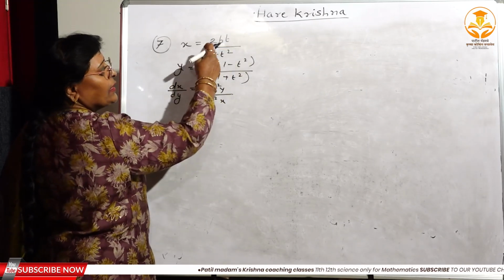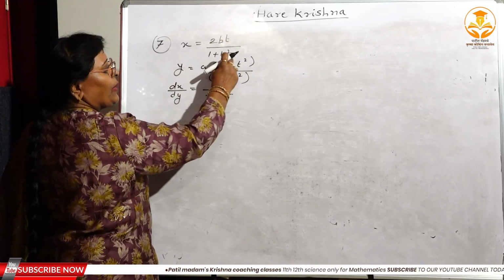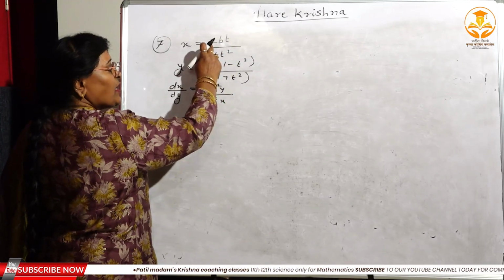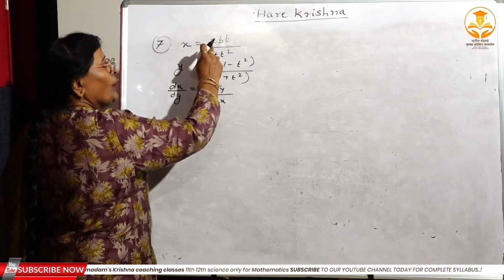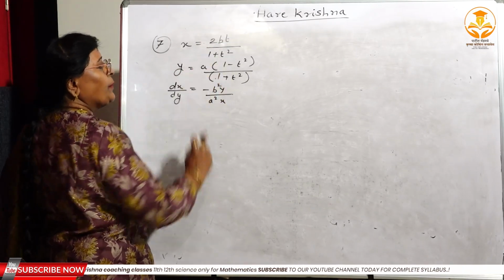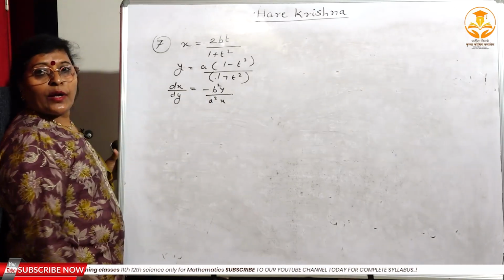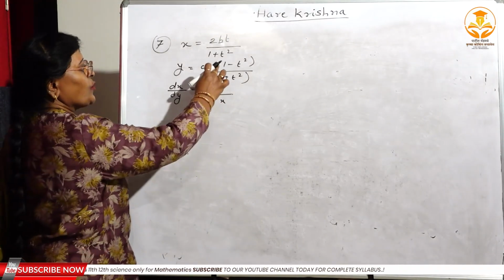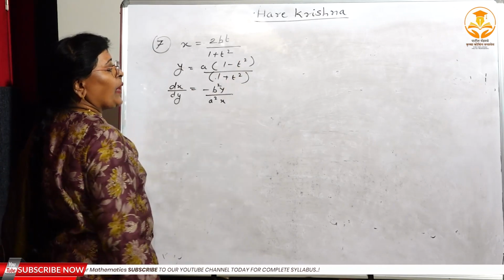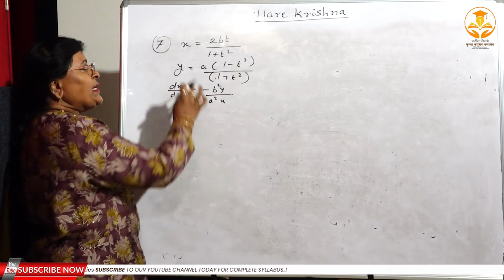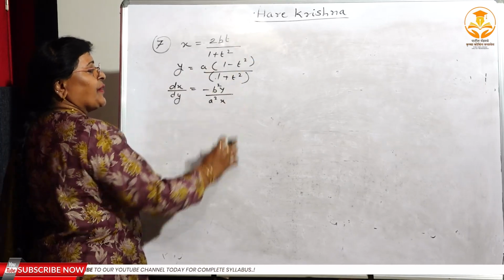If you observe this, see the function 2t divided by 1 plus t square. You can substitute t is equal to tan theta. So 2 tan theta divided by 1 plus tan square theta, that is the formula of sin 2 theta. Here also 1 minus tan square theta divided by 1 plus tan square theta, this is the formula of cos 2 theta. Means x is a function of theta, y is a function of theta.